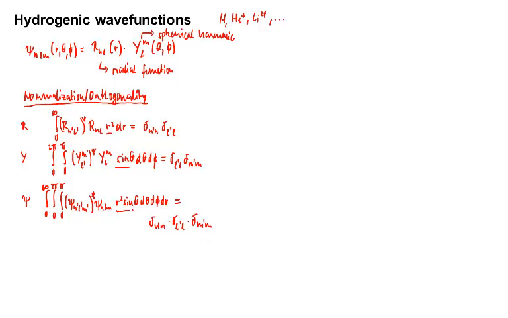Note the r² times sin θ factor. If the two functions are identical, we again have the normalization integral that gives 1. Otherwise, we have the orthogonality integral, which gives 0.